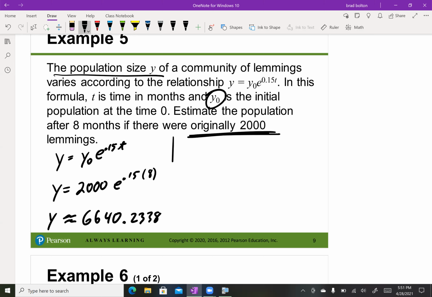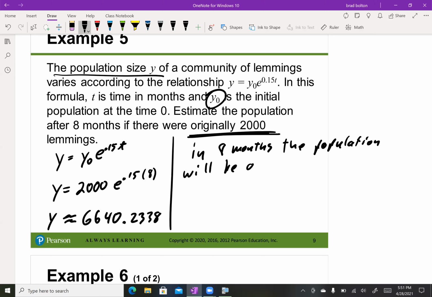Okay, so we're going to say in 8 months, the population will be approximately 6,640 lemmings.